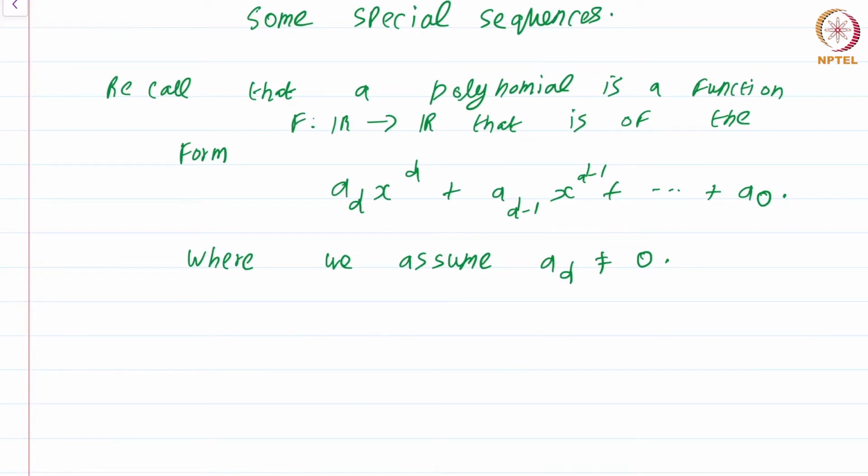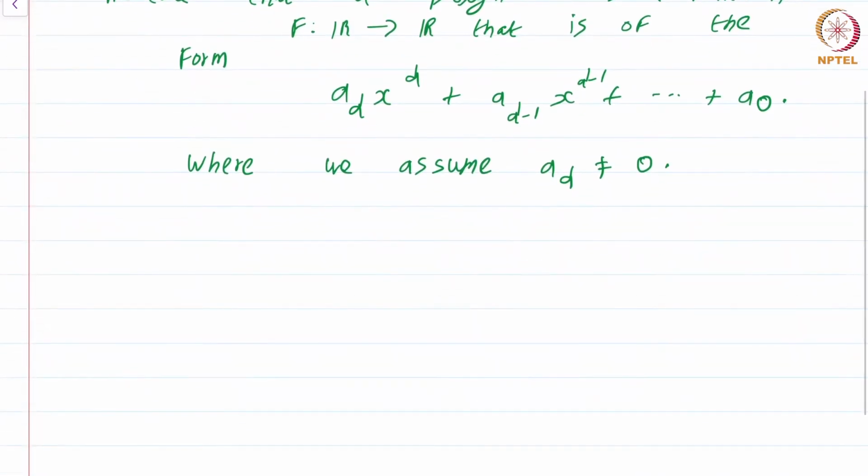Okay, so first example, you might have heard of this colloquial expression that an exponential grows faster than any polynomial growth. So let's see how to translate this in terms of sequences. Let a be a real number greater than 1.